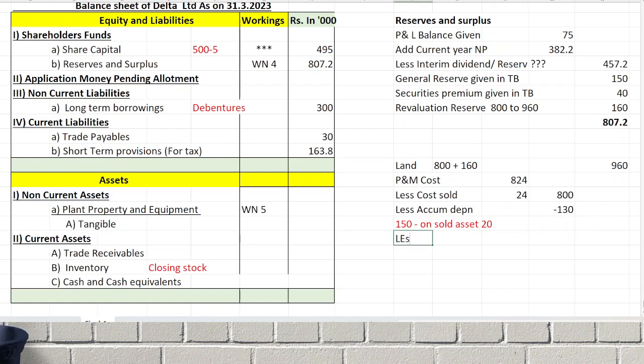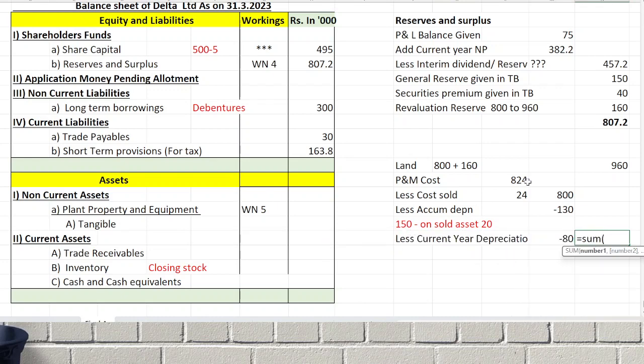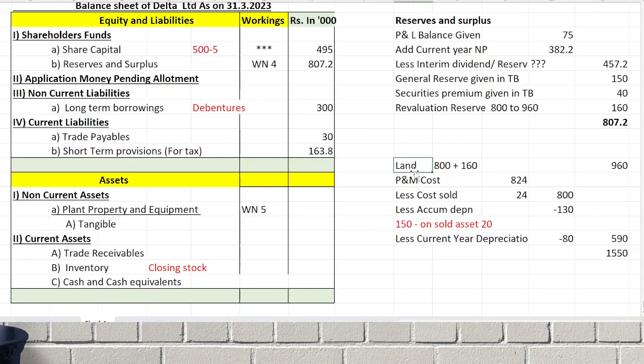Then less current year depreciation. Current year depreciation how much? 80. So balance will come. So 960 plus 590 is 1550. Otherwise, if I want to do it another way, it is very simple.